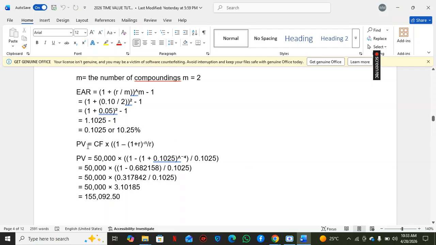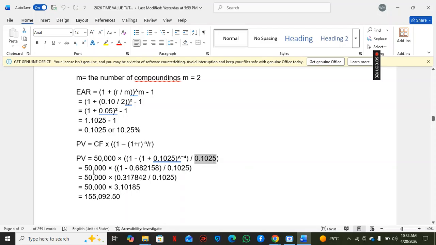Using the formula present value equals cash flow multiplied by the annuity factor here. So for our rate, we're going to use the 10.25%. So you're going to say 50,000 multiplied by 1 minus 1 plus the rate raised to the power negative 4, divided by the rate of 0.1025.